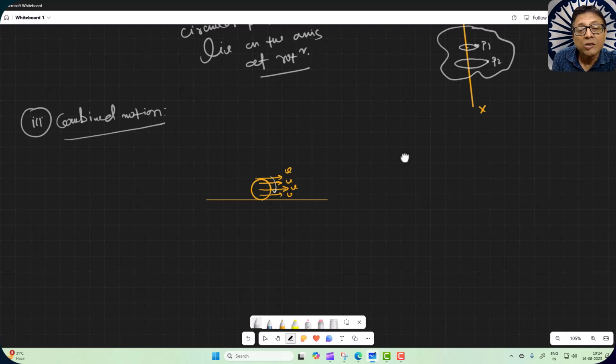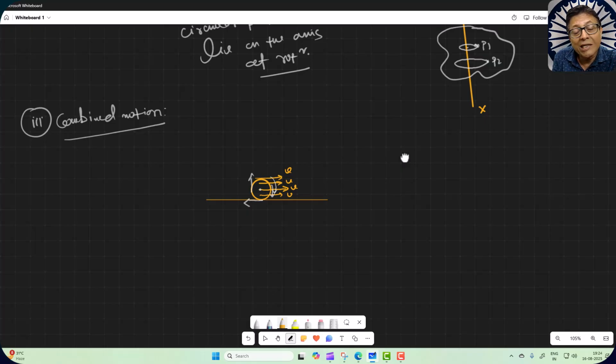Okay, so this particle will have a backward motion. This one has a motion like this. This one has a motion like this because of angular motion. So this is something different. Here it is combined motion. Why?